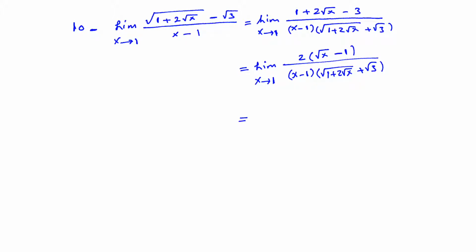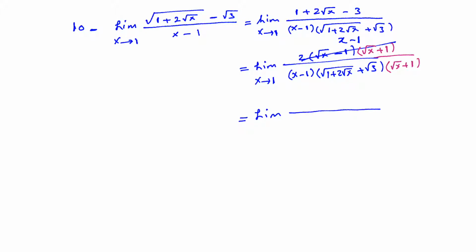We have two ways to finish this question. One way is multiplying by the conjugate of root x minus 1 and dividing by the same thing, and writing square root of x minus 1 times square root of x plus 1 as x minus 1 and reducing the fraction.